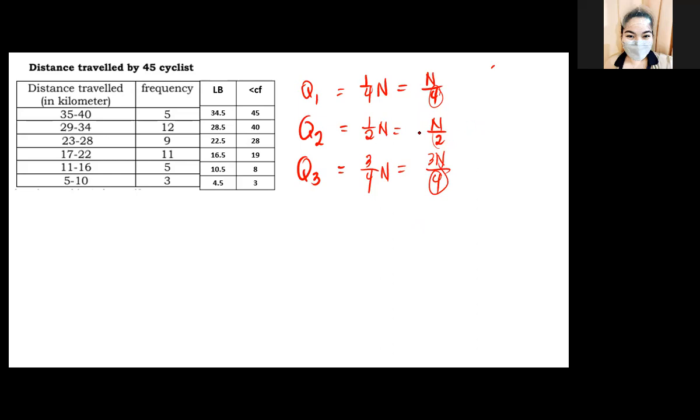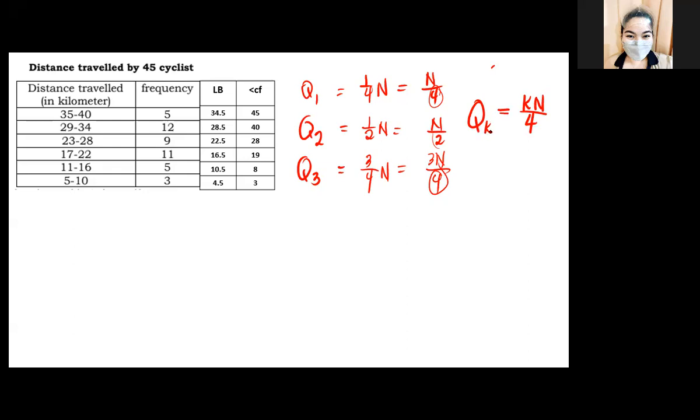You will notice that we can use the k here. We can say that for us to locate the given data, we have Q sub k is equal to k times n divided by 4, where k stands for whatever the subscript of Q is.